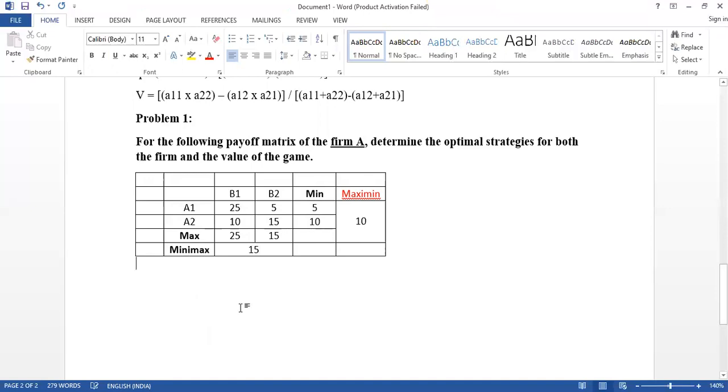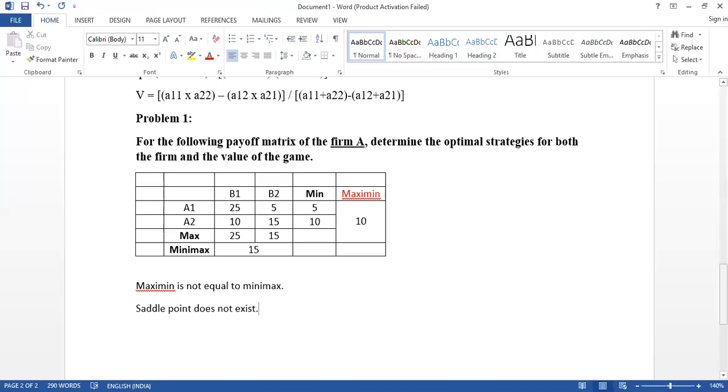That means maximum is not equal to minimax. If this happens, we comment saddle point does not exist, right?